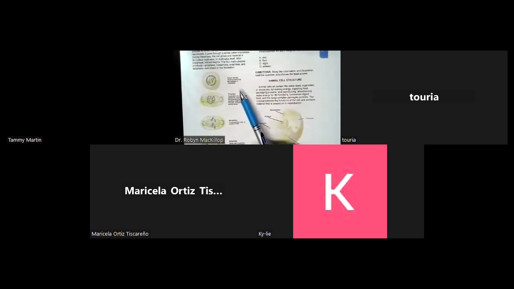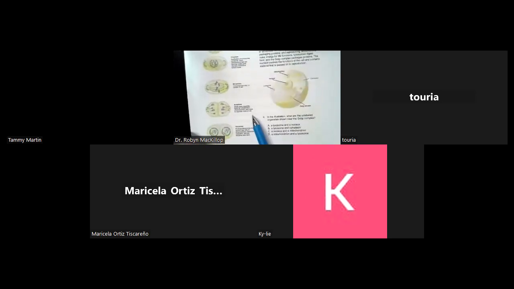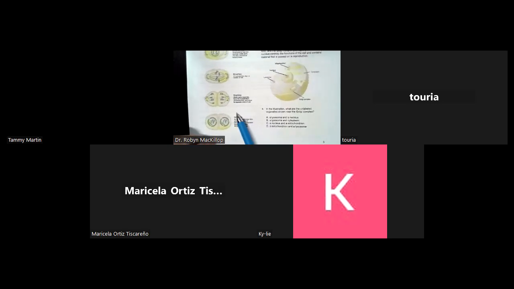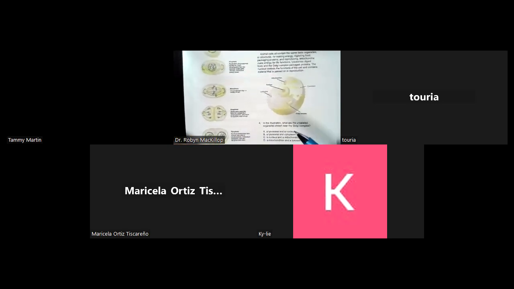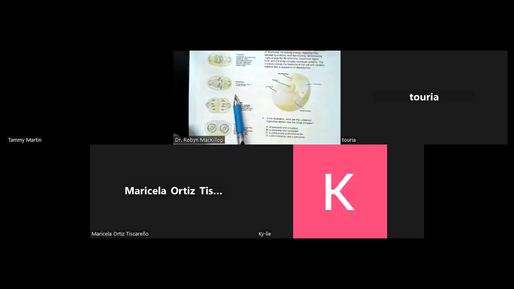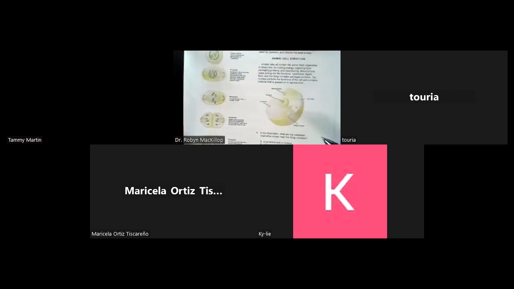This will never change. It's prophase, metaphase, anaphase, telophase, all different parts of cell division, and they don't change. So it's a good idea just to be reasonably comfortable with this, because it'll make answering the question that much faster.